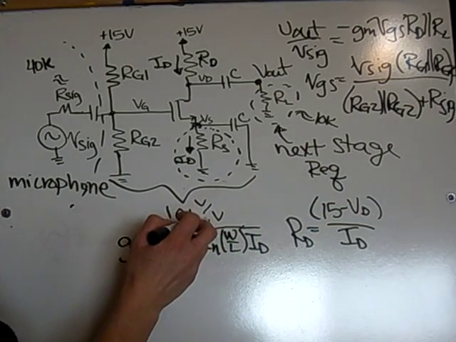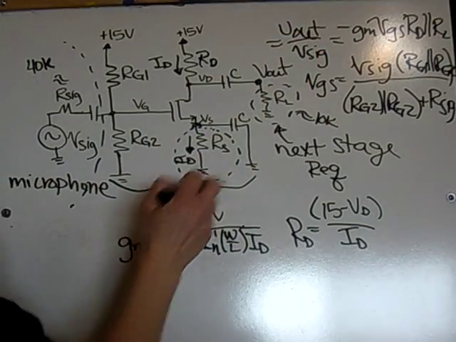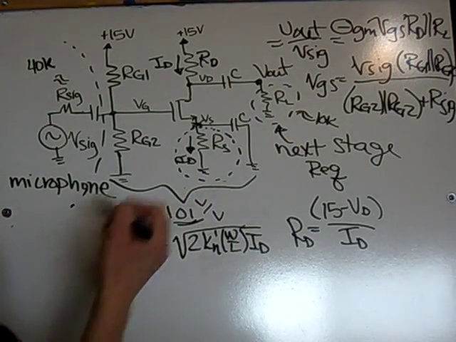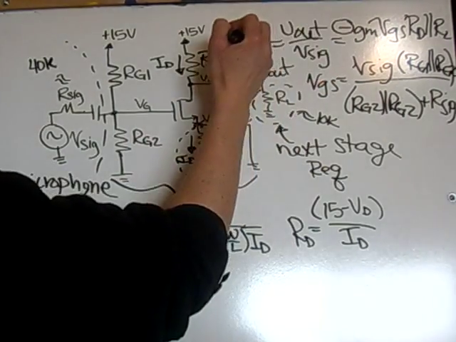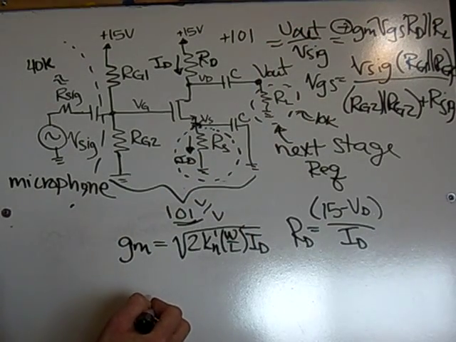I can set the gain as 101 volt per volt, and it can be negative. Remember, this only shifts the phase, not the gain. So I can set this as negative 101, and therefore they'll cancel.